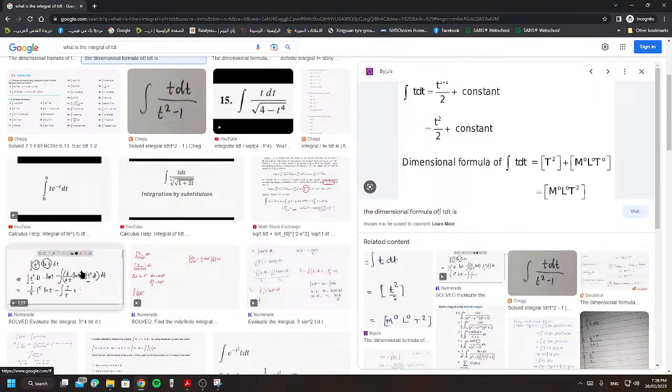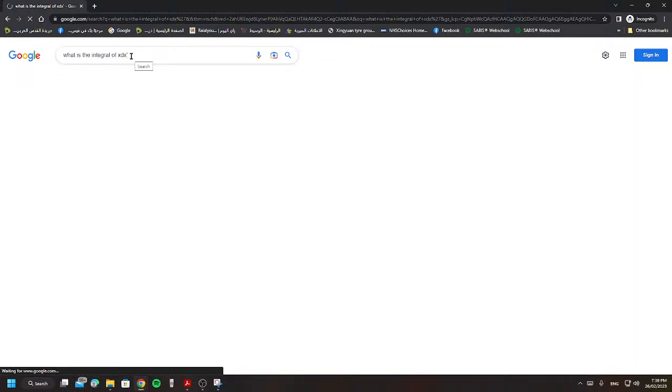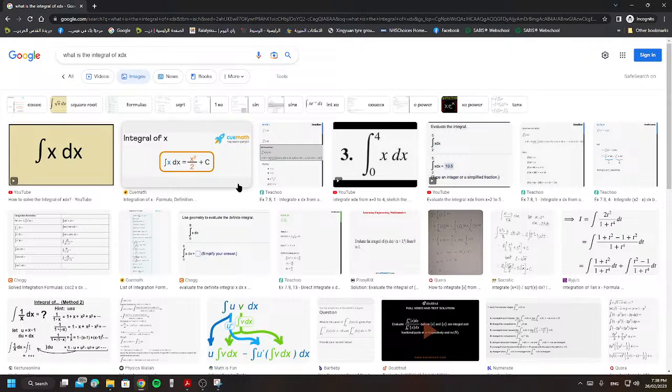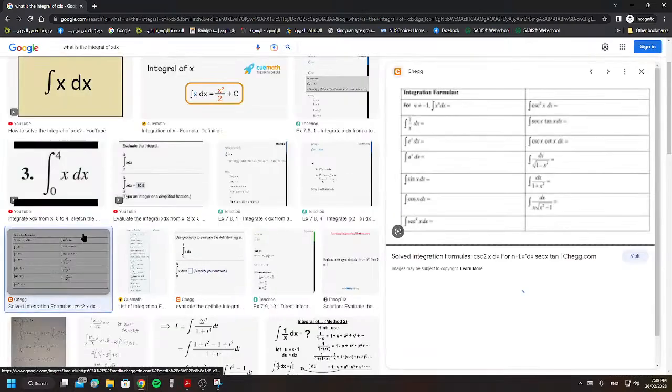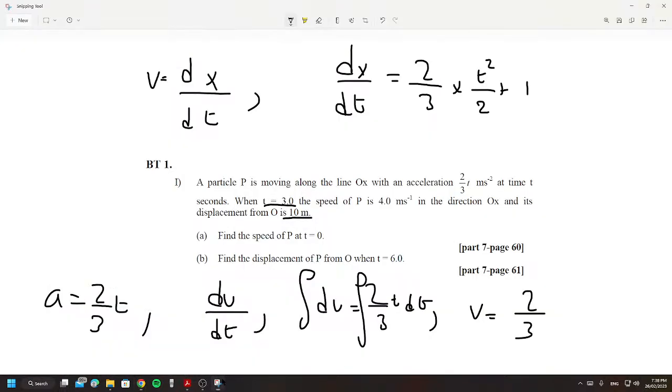What is this? I know where you went wrong. v is the integral of a, not x. What do you mean?